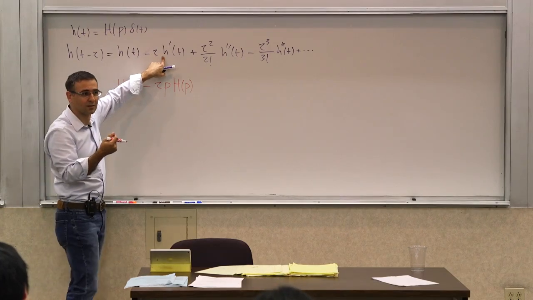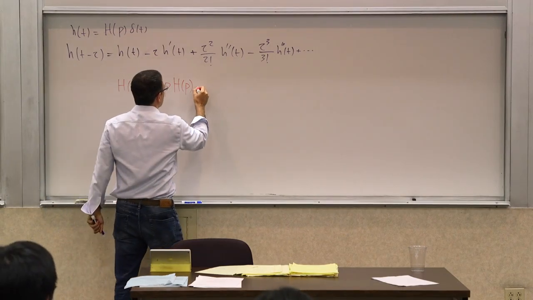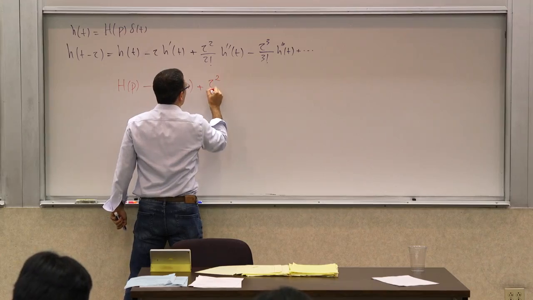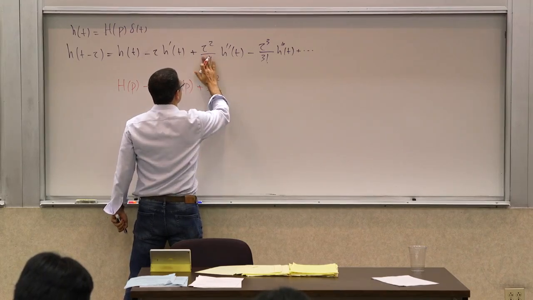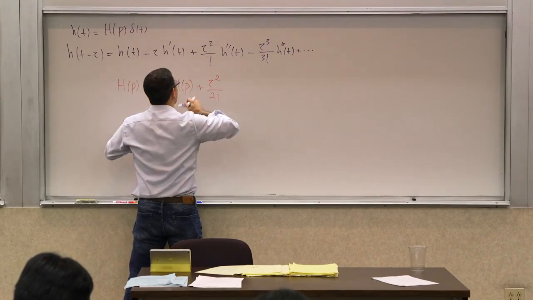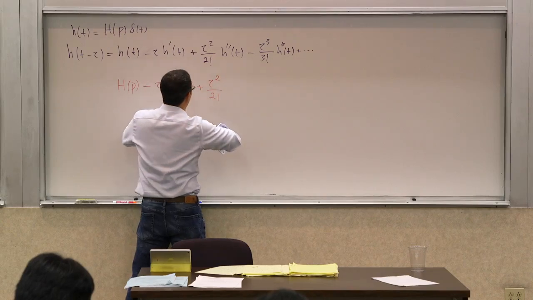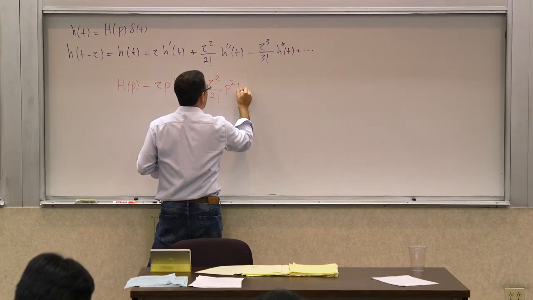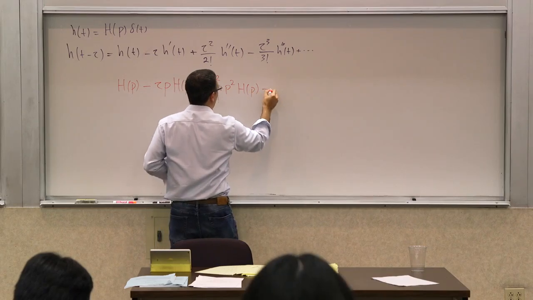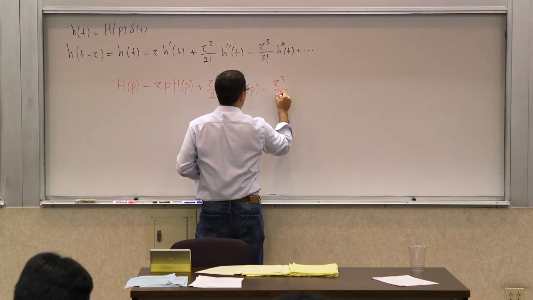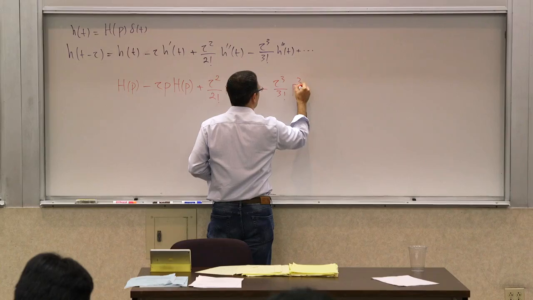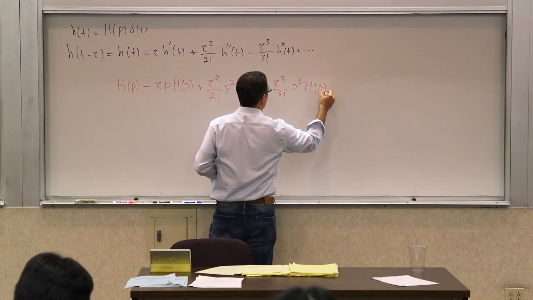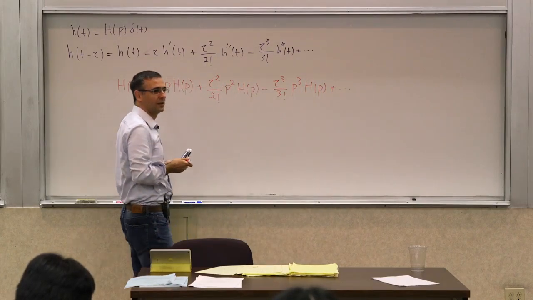Right? Agreed? And the next term is tau squared over 2 factorial, p squared h of p. Would be minus tau cubed over 3 factorial p cubed h of p, and so on and so forth.